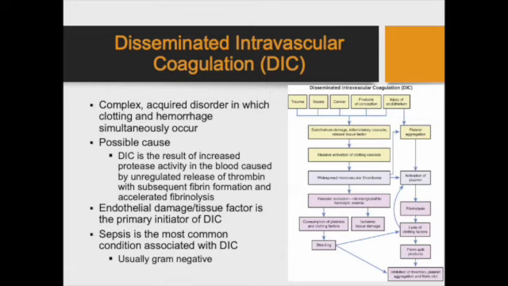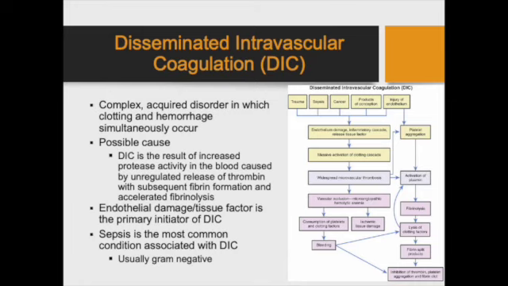Disseminated intravascular coagulation, or DIC, is a complex disorder when you have both clotting and hemorrhaging happening simultaneously. DIC is the most commonly used terminology for an overall umbrella of consumptive thrombohemorrhagic disorders.